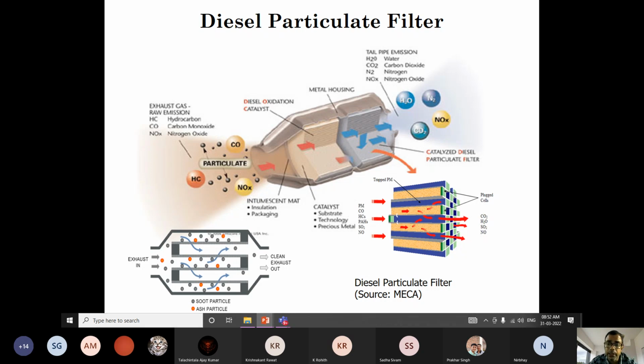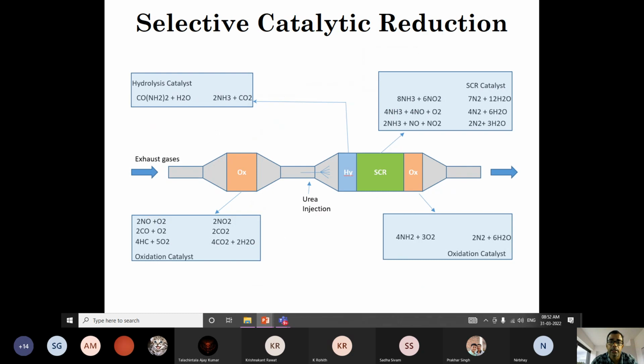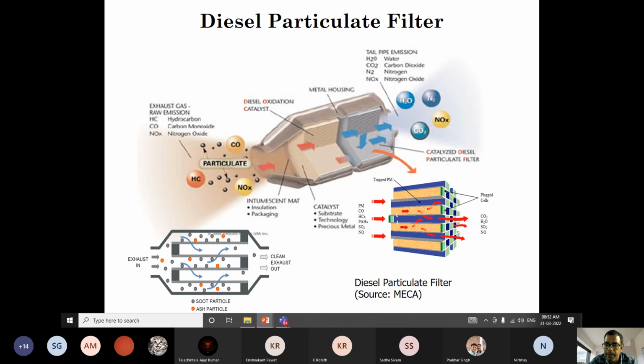And not only these three, I still have to cover SCR, which is used for NOx emission. EGR is not sufficient in heavy vehicles to satisfy the emission norms, so SCR also has to be taken care of. It's not very common, but in Bharat 6 norms it is very common.